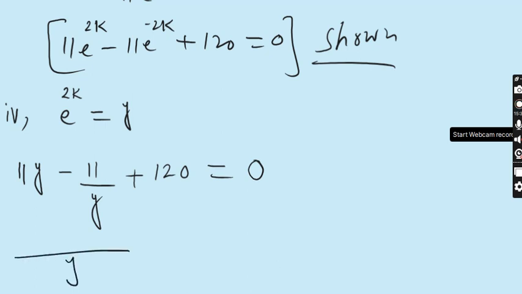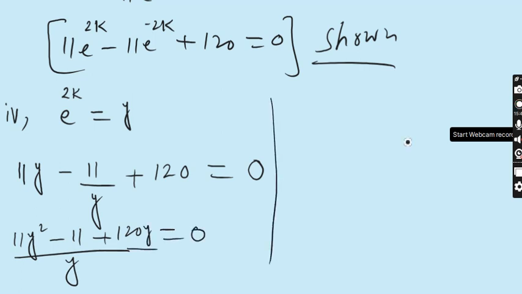Taking the LCM y, it is 11y squared minus 11 plus 120y equals 0. So 11y squared plus 120y minus 11 is equal to 0.